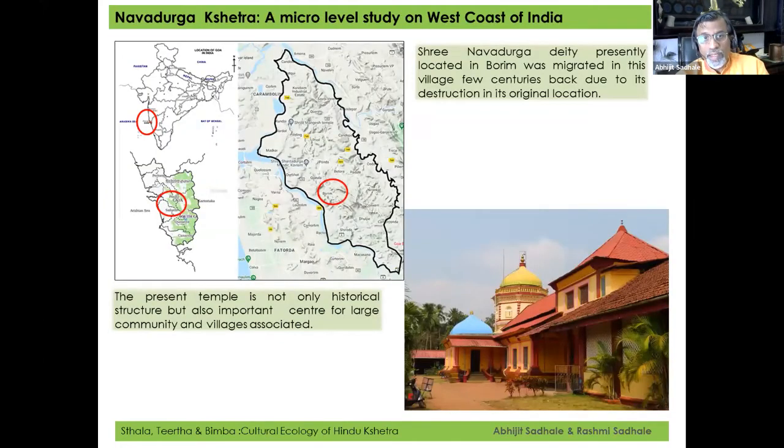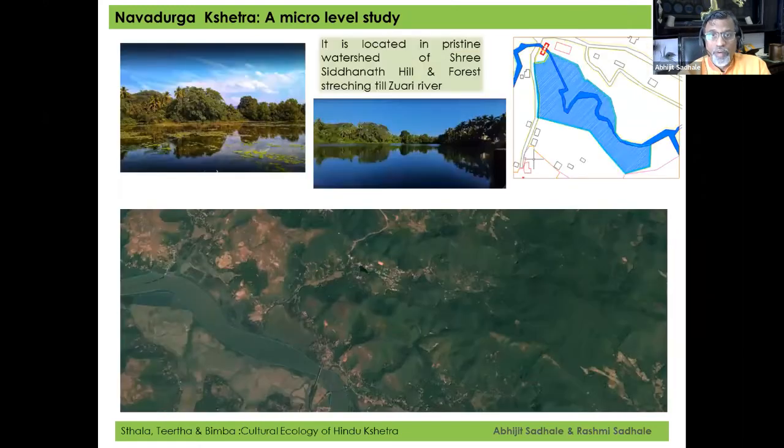Now let us look at another example, Durga Kshetra. Here we are coming to the west coast of India. Durga Kshetra is located in Goa, in the Antruz Pranta, that is Ponda. It is part of a pristine watershed which extends from Siddhanath Hill to the extent of the river ecology, so it's a very broad and diverse topography.